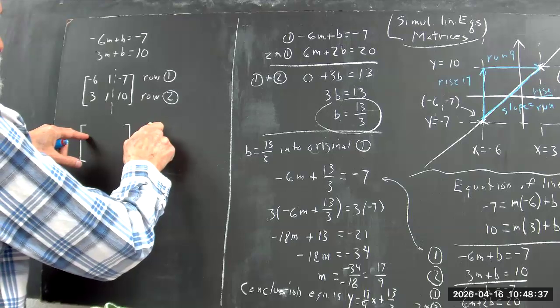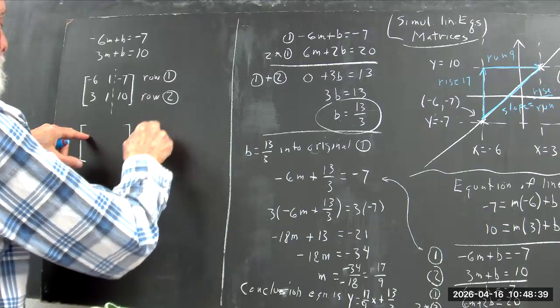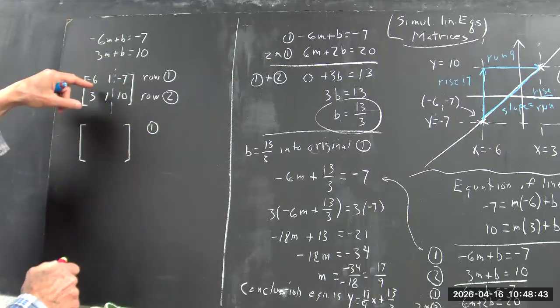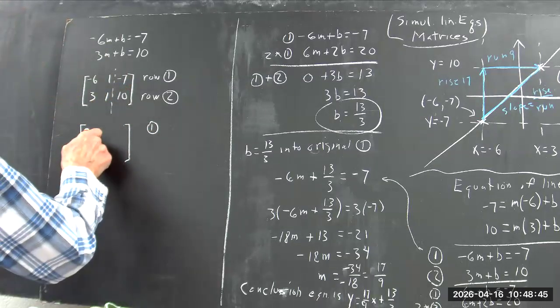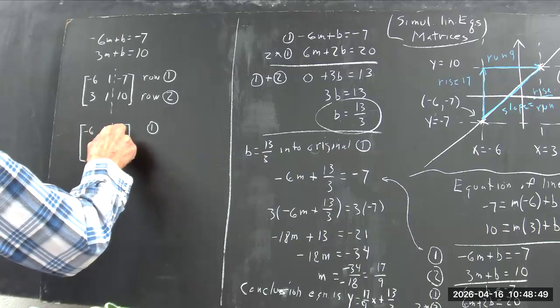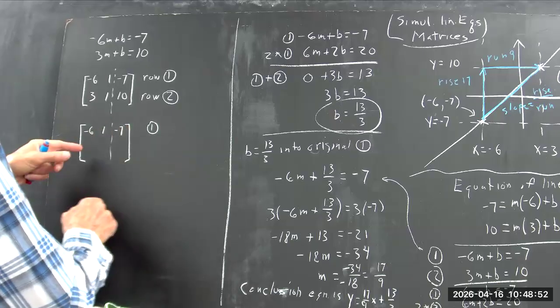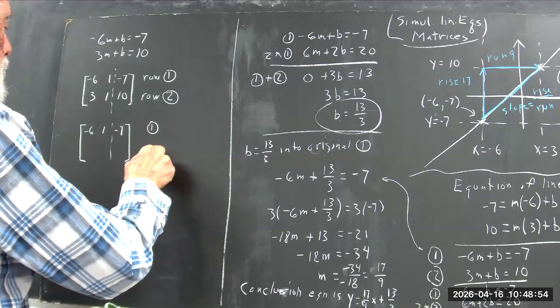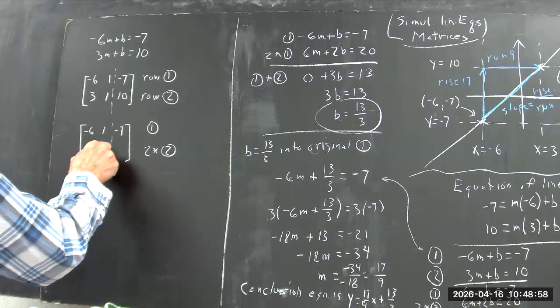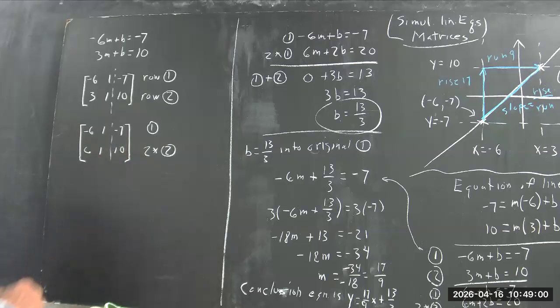The first row I'm going to write will be the same as the first row of my previous matrix. The second row will be 2 times the second row of the first matrix, which is 6, 1, 10.